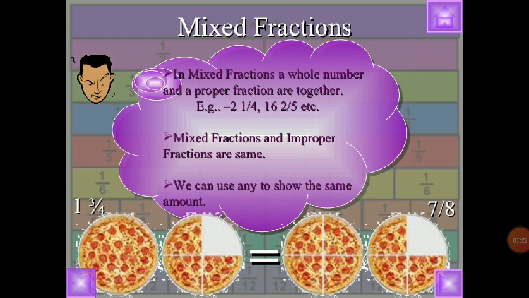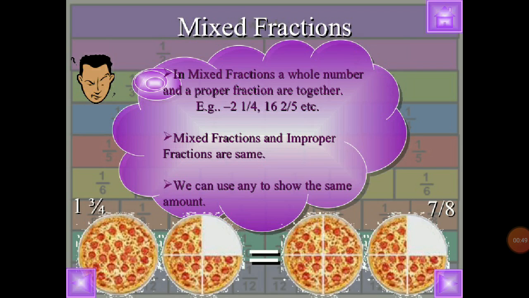Mixed fraction. In a mixed fraction, a whole number and a proper fraction are together. For example, 2 integer 1 upon 4, 16 integer 2 by 5, etc. Mixed fractions and improper fractions are the same.